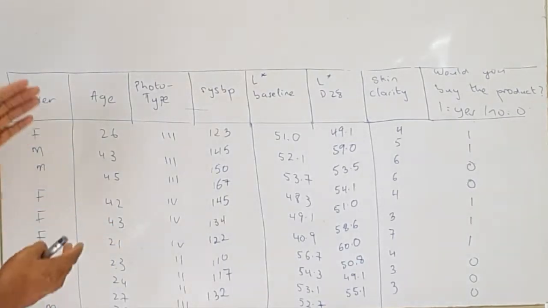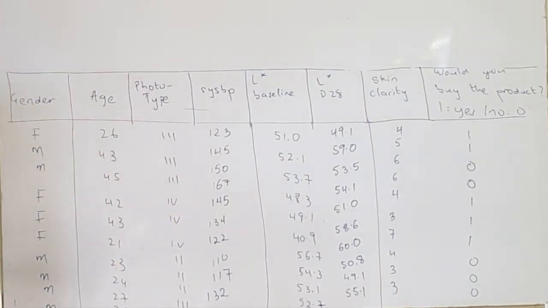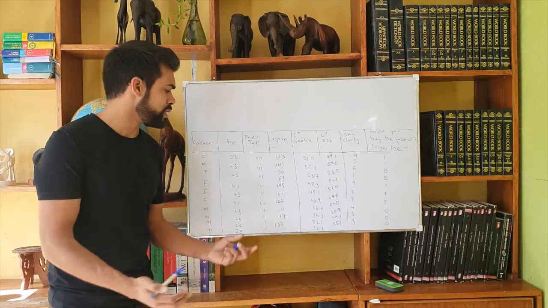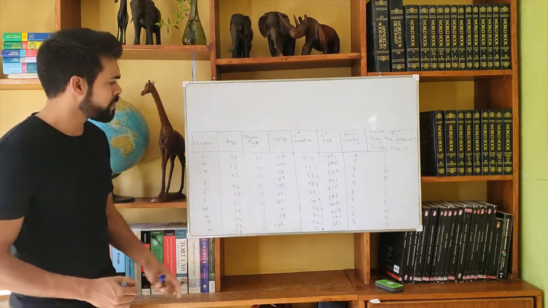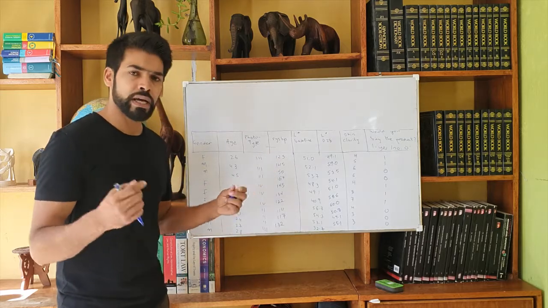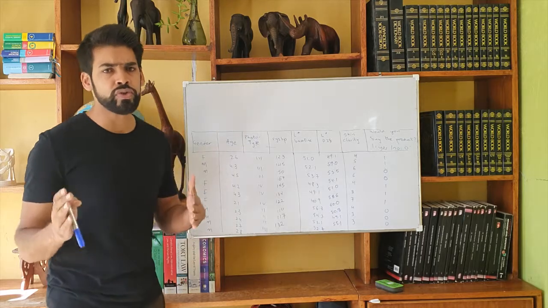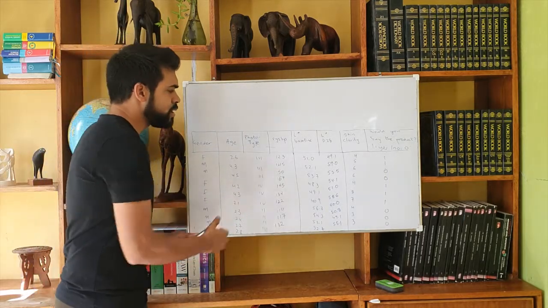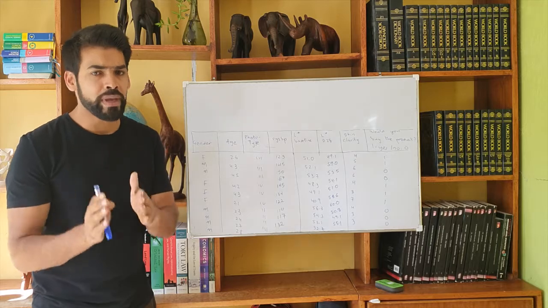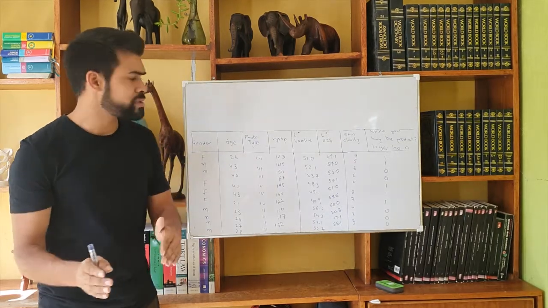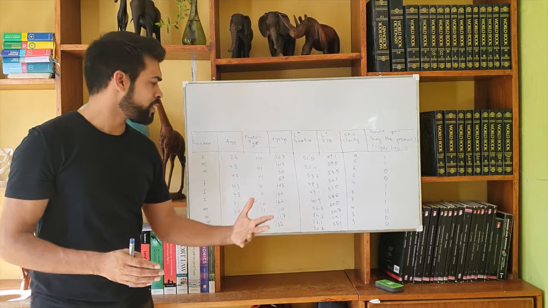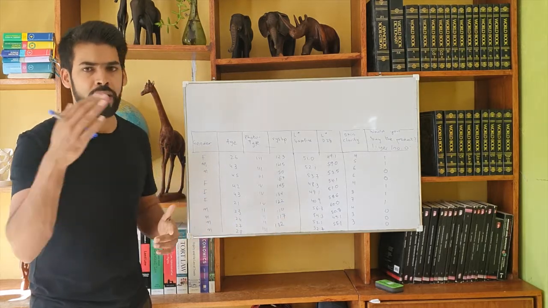Average age was 30 plus or minus 2, so you can compute the mean and the standard deviations. Phototype, you're going to report it in the form of counts and percentages. This one, most probably, you would do using the means and standard deviations. Now, you can also choose to categorize. That is, you can say you want to categorize how many subjects had a systolic blood pressure lower than 120 and how many above that.